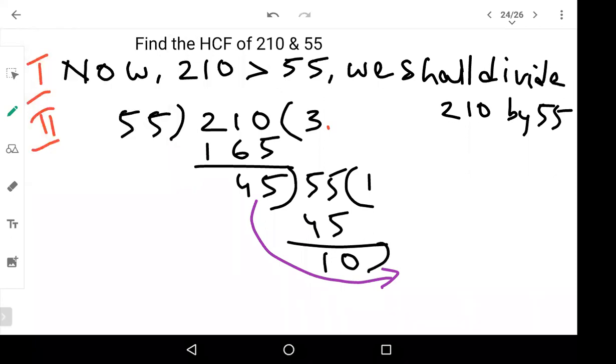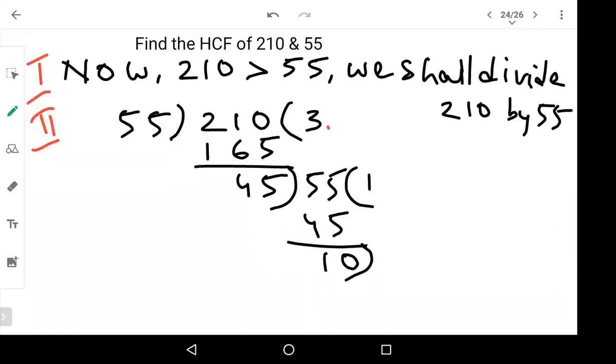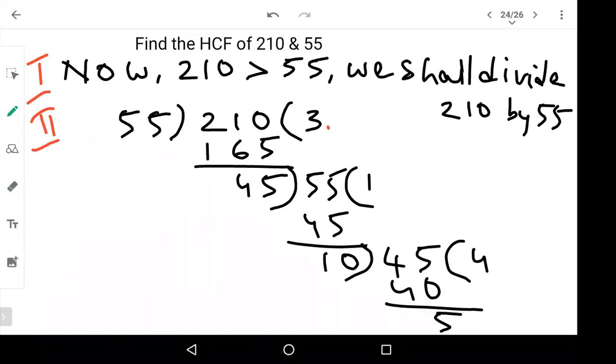I'll make 10 the divisor and we will have 45 in this place. Now, I can go with 10 fours of 40. So what is the remainder? 5.